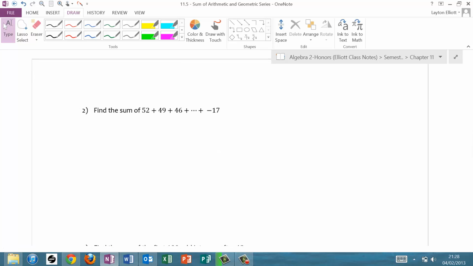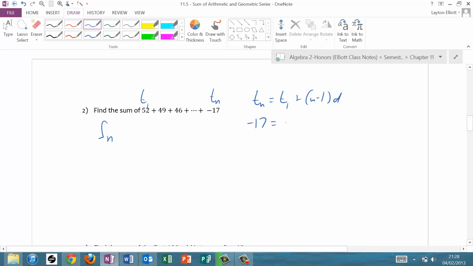Number 2, let's find the sum of this sequence. If I do my S formula, S of n, I right away realize I'm missing n. I know 52 is t of 1, and negative 17 I could call t of n. I just don't know what the n is that goes with that. So we have to go back to a previous formula: t of n is equal to t of 1 plus n minus 1 times the common difference, in order to figure out the n associated with negative 17.